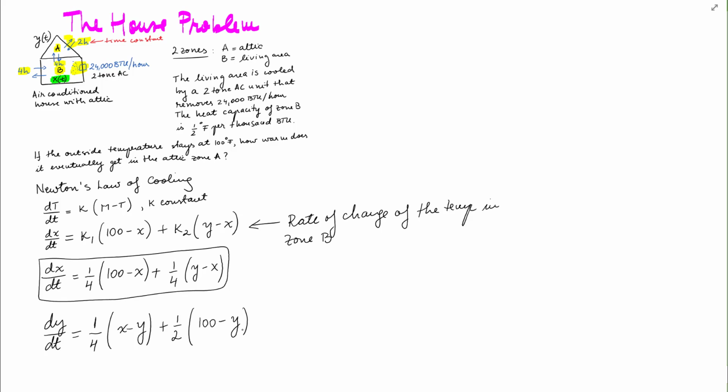So this is the rate of change of the temperature in zone A. These are the two equations.